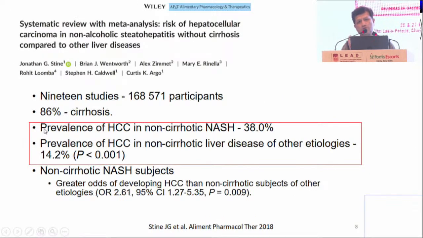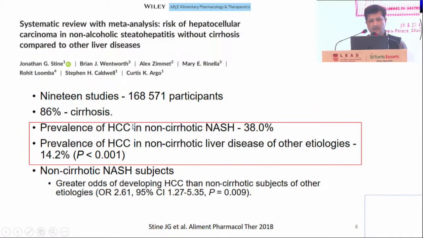Now, how about non-cirrhotic HCC happening in other etiologies? This is a meta-analysis of a large number of studies and a very large number of participants. Again, the majority of them had a cirrhosis background.